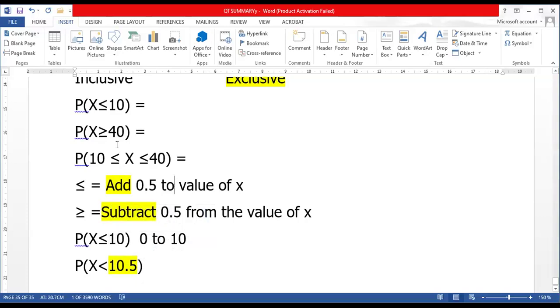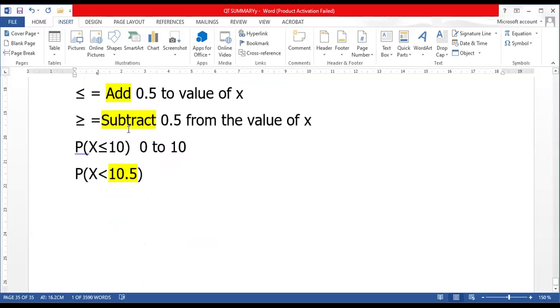Same knowledge, same reasoning when you're dealing with greater than. Please know the reason why we subtract if a sign is less, and know the reason why we add. So if it is greater than, it means that I need the values from 40 to infinity.